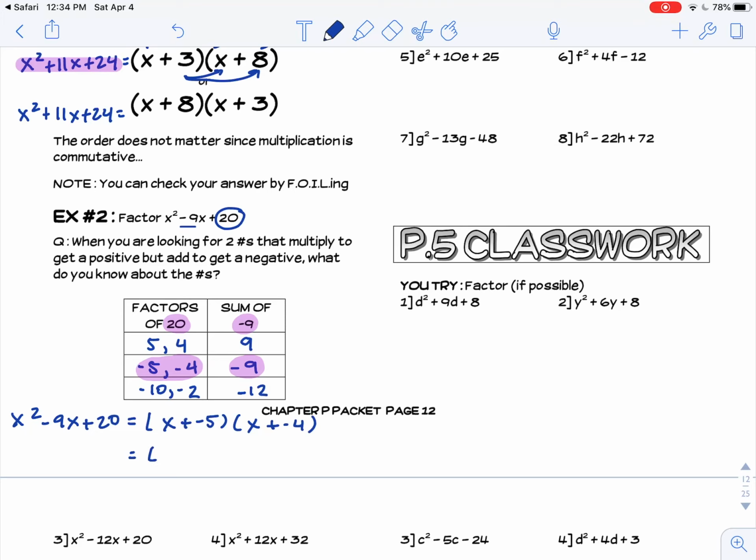Now, the plus and the minus, we don't need them next to each other. So we could just write it as x minus 5 times x minus 4, or x minus 4 times x minus 5.